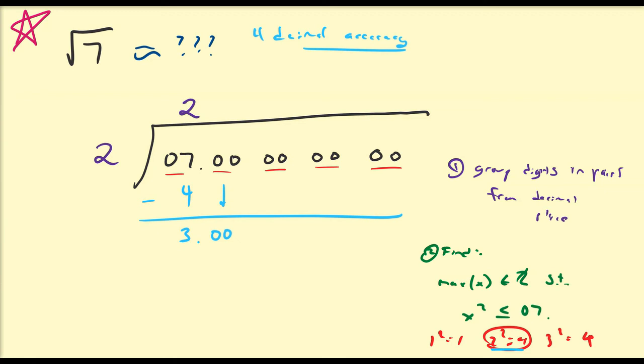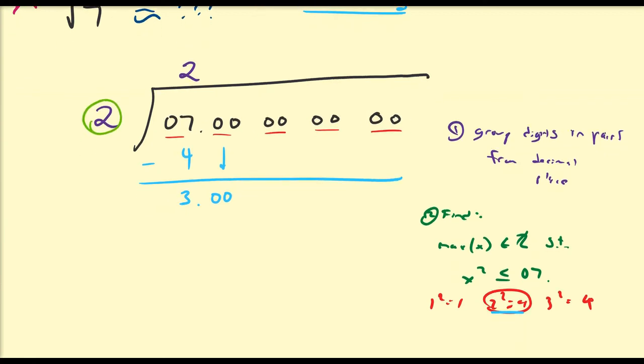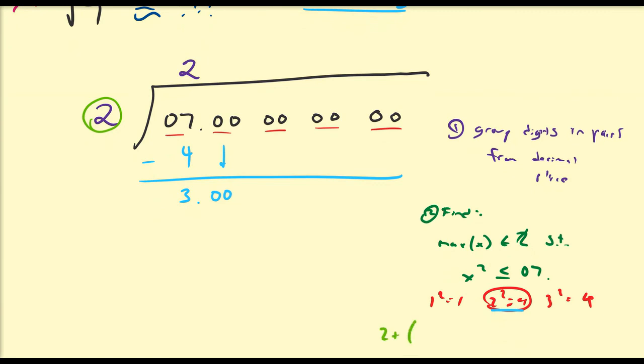We take this number 2, plus the first digit of 2, which is 2, so 2 plus 2 is equal to 4. We're going to put this little 4 over here for the time being, and we'll see what we do with it in a moment.